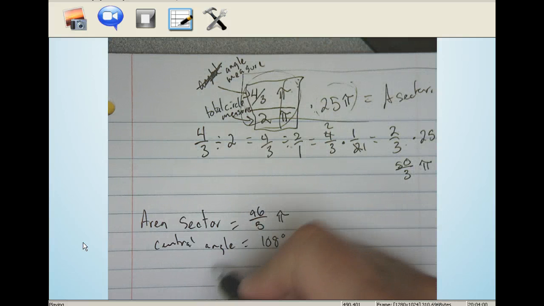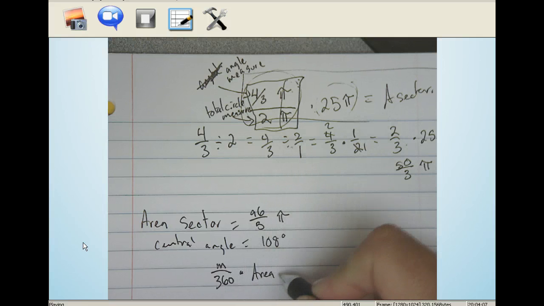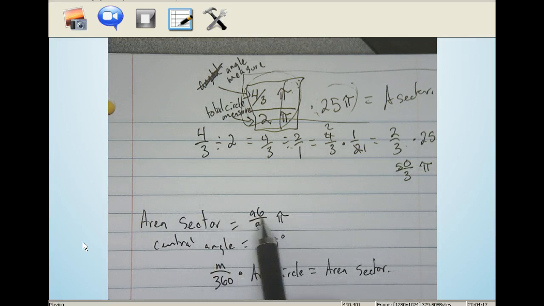Let's go again. It is the measure out of 360 times the area of the circle, which would be pi r squared, is equal to the area of the sector. Well, in this case, what's the area of the sector? We have 96 over 5 pi. The area of the circle is the unknown.